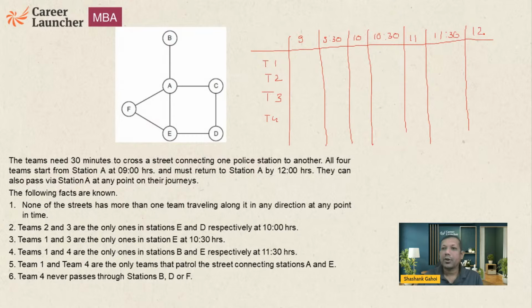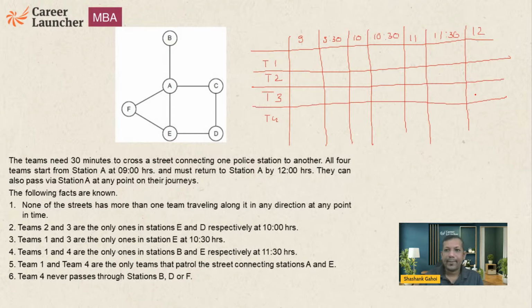And this is what we got. So all of them are starting from A at 9 and all of them are ending at A at 12. This is what is given.